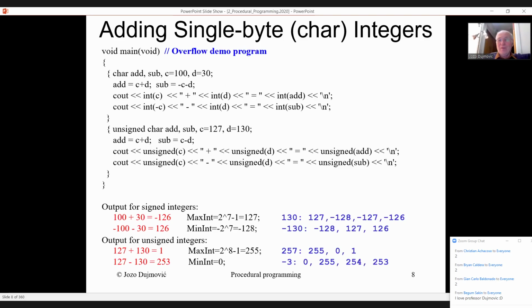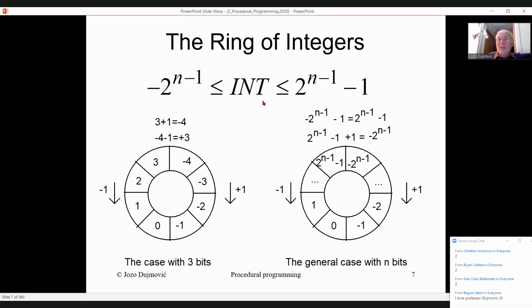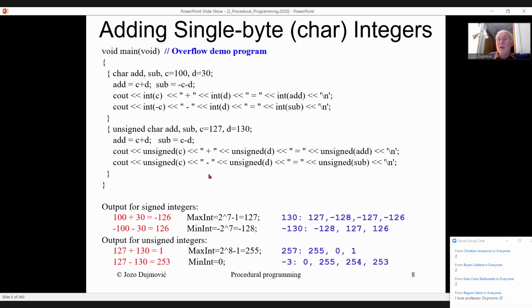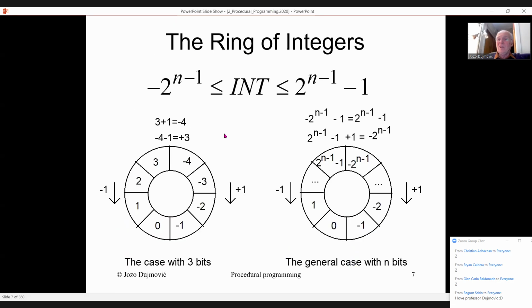And if we have 8 bits, that means that the largest value with 8 bits, if you have signed integers, is going to be 2 to 7 minus 1. Okay, and 2 to 7 is 128, minus 1 is 127. So what can fit in a single byte is from minus 128 to plus 127.